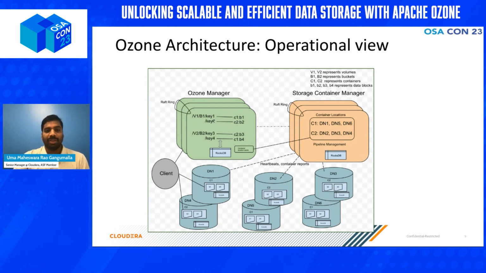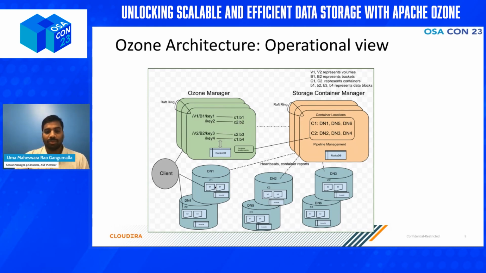They want to place blocks B1, B2 and map them to container C1 here. The container has been allocated in SCM, but it's just metadata. Where it wants to allocate the container is data node 1, data node 5, and data node 6 in this example, which provides the mapping of where it wants to store the data.